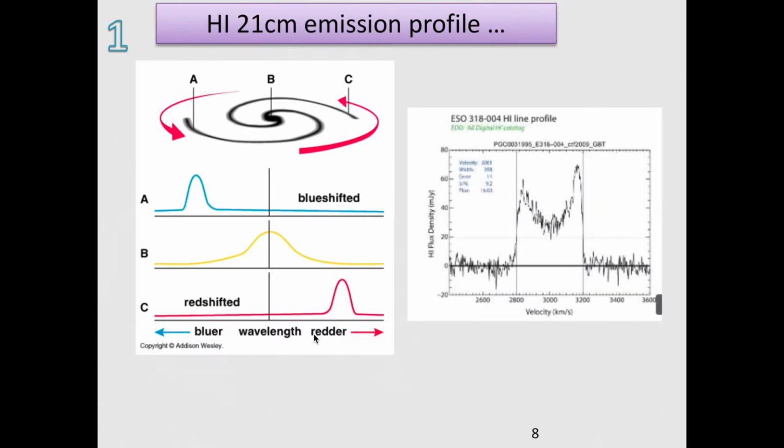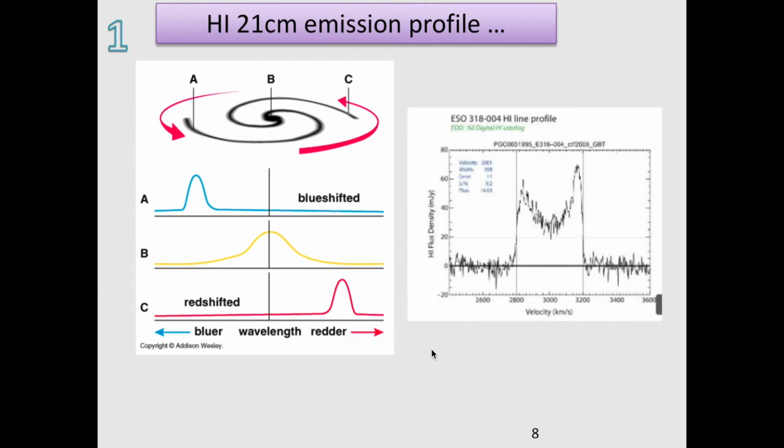Some of this 21 centimeter emission is blue shifted and some red shifted as a consequence of the rotation of spiral galaxies. This means that the 21 centimeter emission line is broadened due to rotation. The faster a galaxy rotates, the broader the 21 centimeter line is.